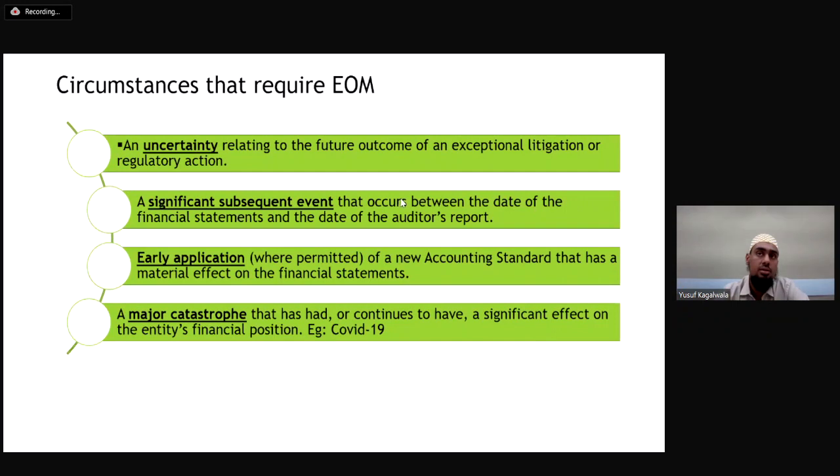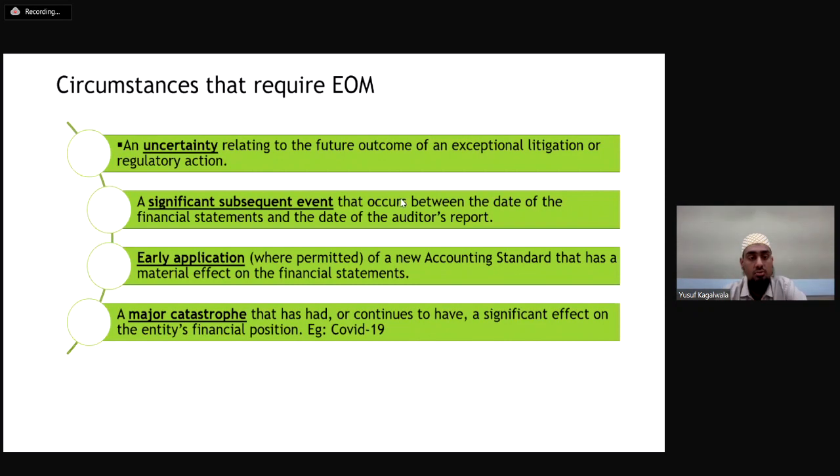Based on the legal opinion, the lawyer's confirmation, I can conclude that the outcome will be in favor of the company. But I don't know what the final outcome will be. Currently, the lawyer is confirming that yes, the outcome will be in favor of the company. So okay, we are not taking any hit or making any provision because it is in our favor. But it is an uncertainty.